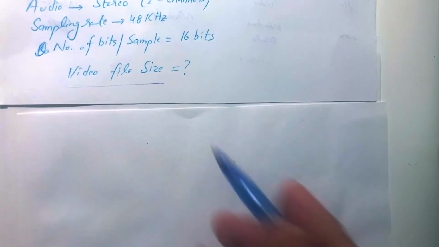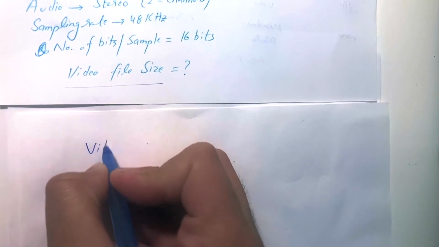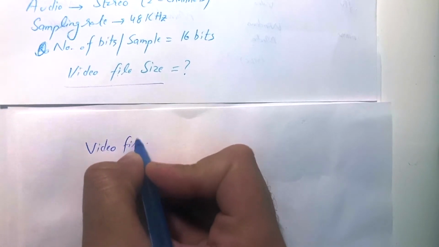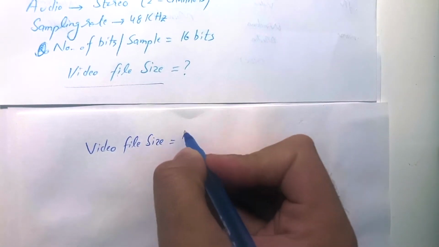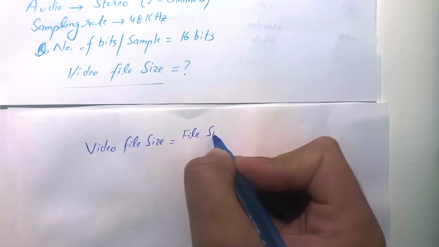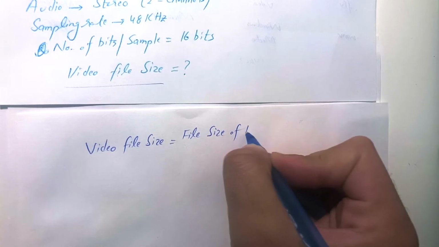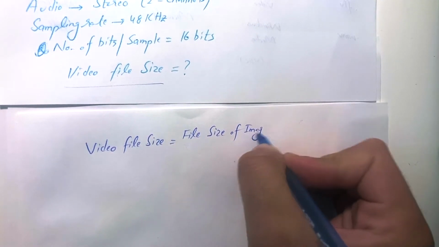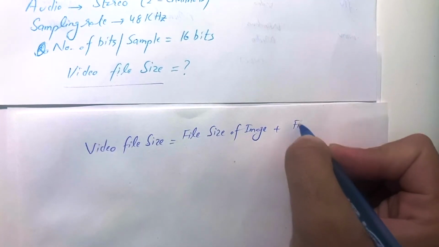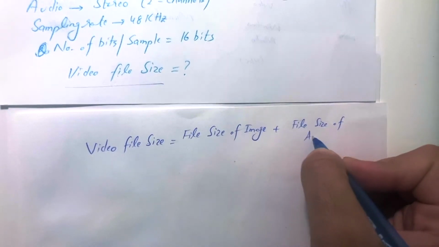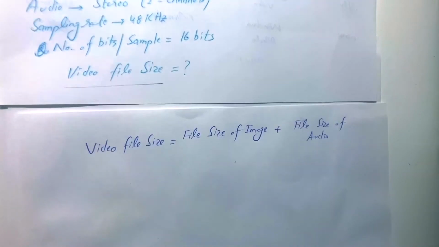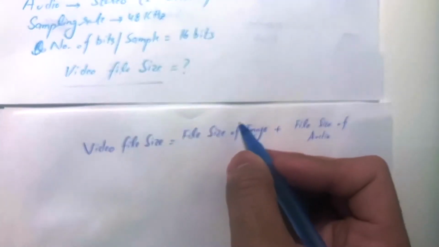If you want to calculate the video file size, it is equal to the file size of the image part plus the file size of audio. So we need to calculate the image file size plus the audio file size. Let's start with the file size of image.